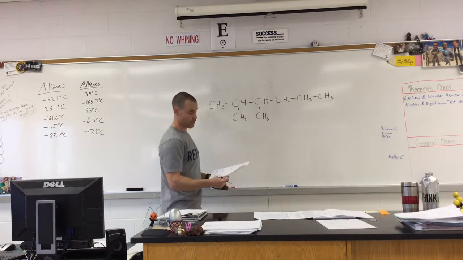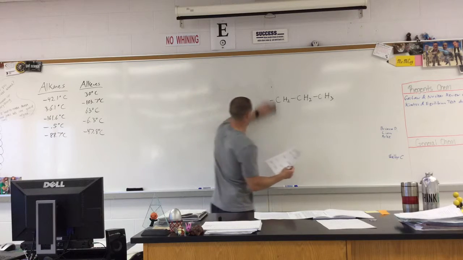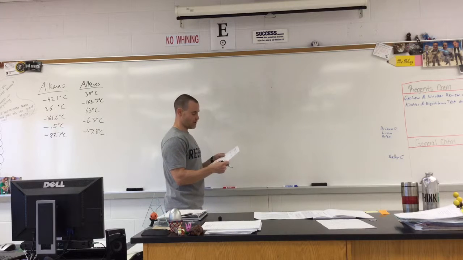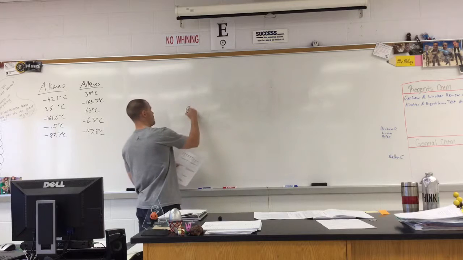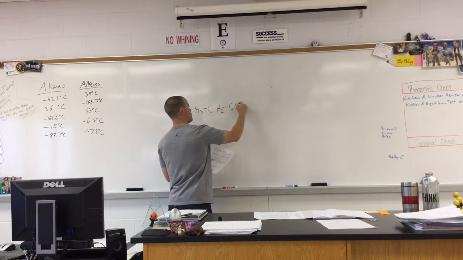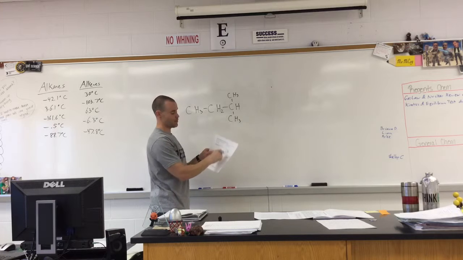So that was number 3. Again, I'm going quick, so stay with me. Number 4, 3,3,6-trimethyloctane. Again, condensed structural. So 1, 2, 3 with a methyl, and then another methyl underneath it. Here's why. It says 3, 3.